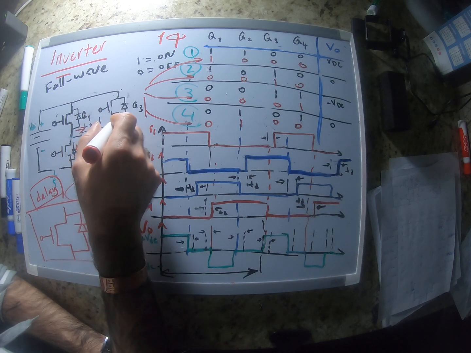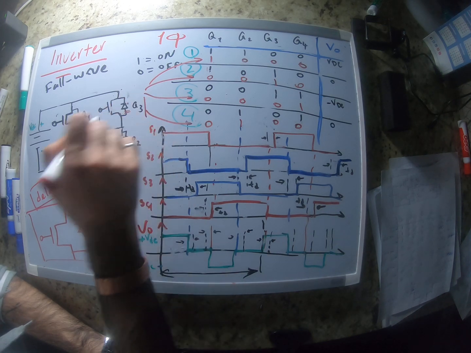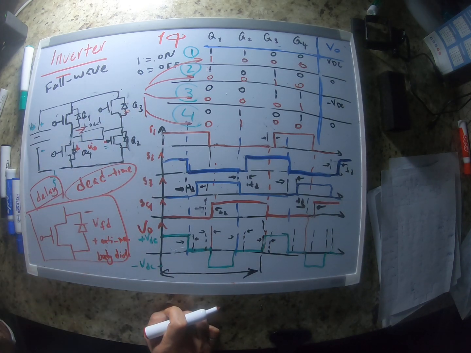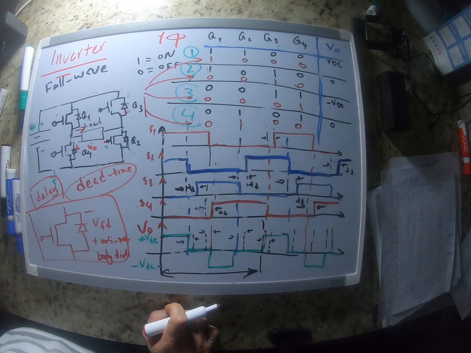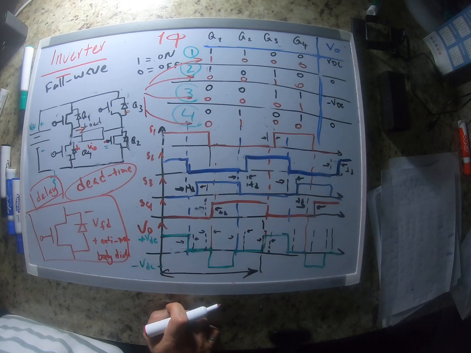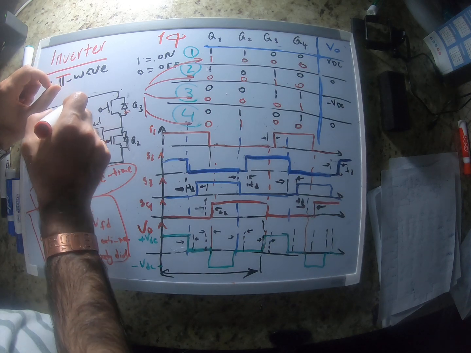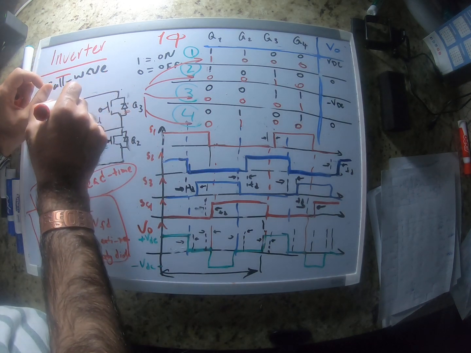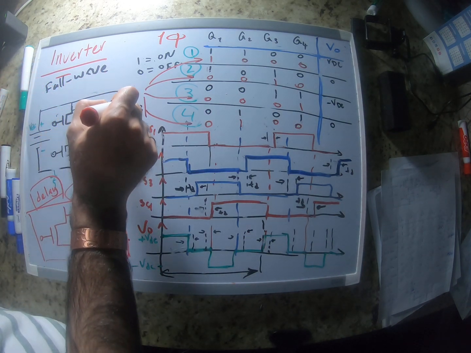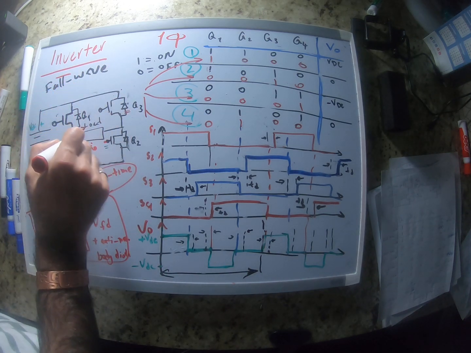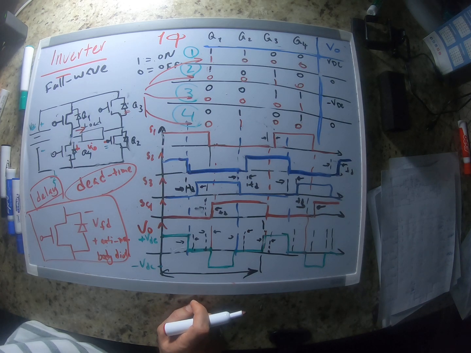So it would find its path through this body diode of MOSFET number 3. So we have current going through this diode and going back through the switch here. This is basically what's happening here.